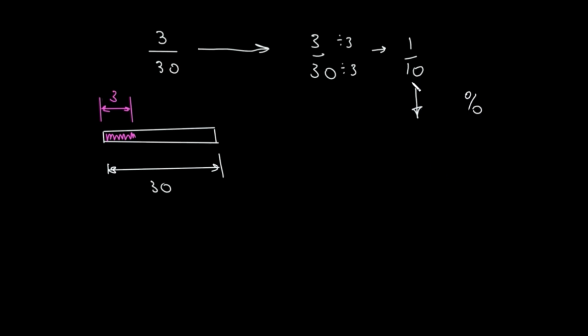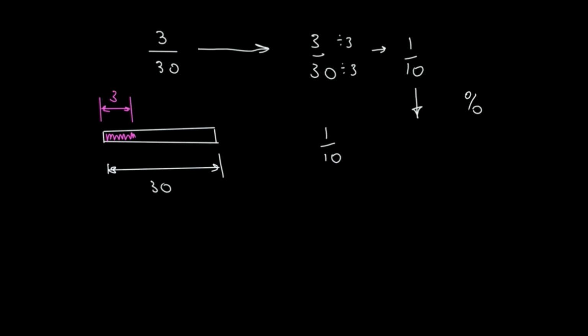Now we want to give the answer as a percentage. So we have a tenth. We need to convert that to a percentage. Again, using the idea of ratio, we have 1 over 10. Right? Need to change that into 100. You always have as a percentage, the bottom number is 100. So you need to change that into 100.